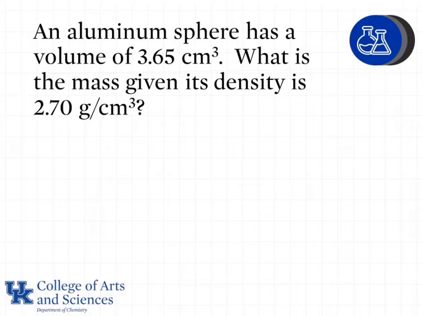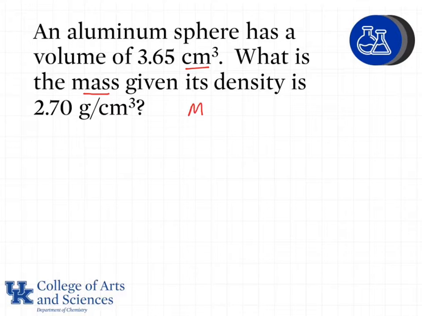In this case, the density is unique to the specific substance, so it has to be given in the problem. So let's look at the problem and figure out what our starting units are. It's giving us the value 3.65 centimeters cubed. We also have another number, but notice that centimeters cubed is a simple unit. It's 1 unit as opposed to a relationship like grams per centimeter cubed. So we're going to start with centimeters cubed, and it's asking for the mass.